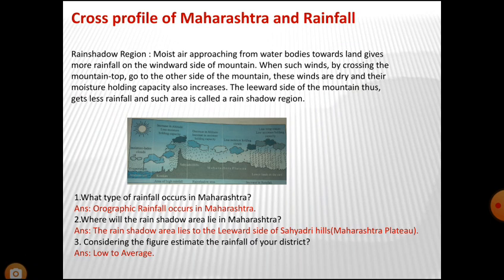Rain shadow region. Moist air approaching from water bodies towards land gives more rainfall on the windward side of the mountain. Children, what is the windward side of the mountain?